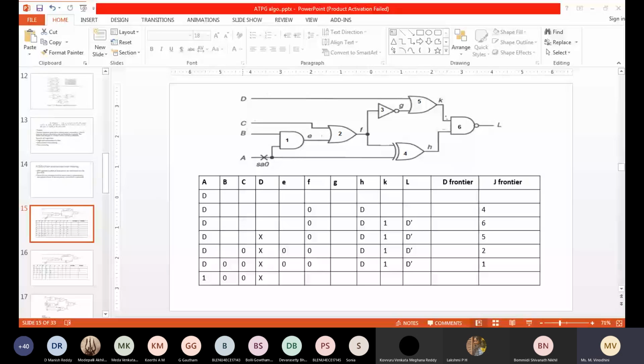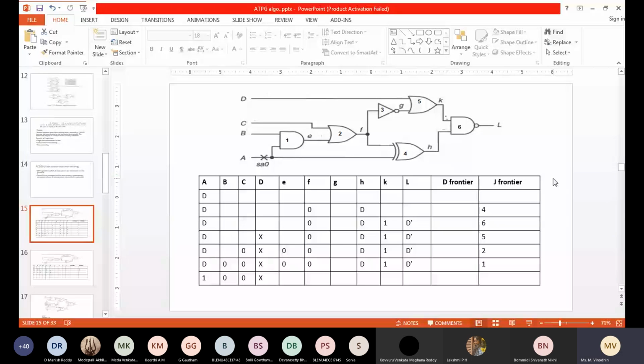Students, the only thing I wanted to tell you is be clear with these steps. Activation: if the fault is 0, that particular signal line is assigned 1. If the fault is 1, that line is assigned 0. Next is fault propagation. For AND and NAND gates, the other inputs should be 1.